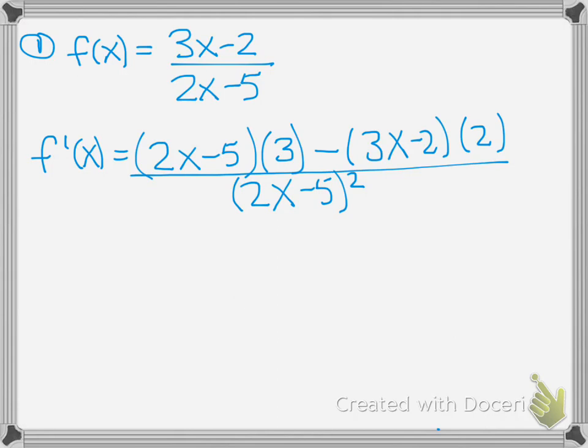Don't simplify it. I mean, yeah, this one's easy enough. You totally can distribute the 3 and whatever. And if you go to do that, you're going to get negative 11 because the 6x and the 6x are going to cancel out, over 2x minus 5 quantity squared. Okay? You don't have to do that. You do not in any way, shape, or form have to simplify.